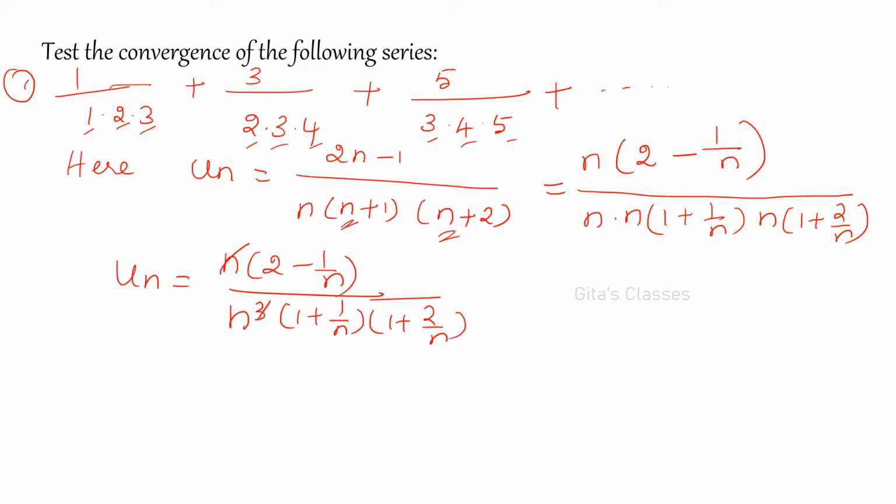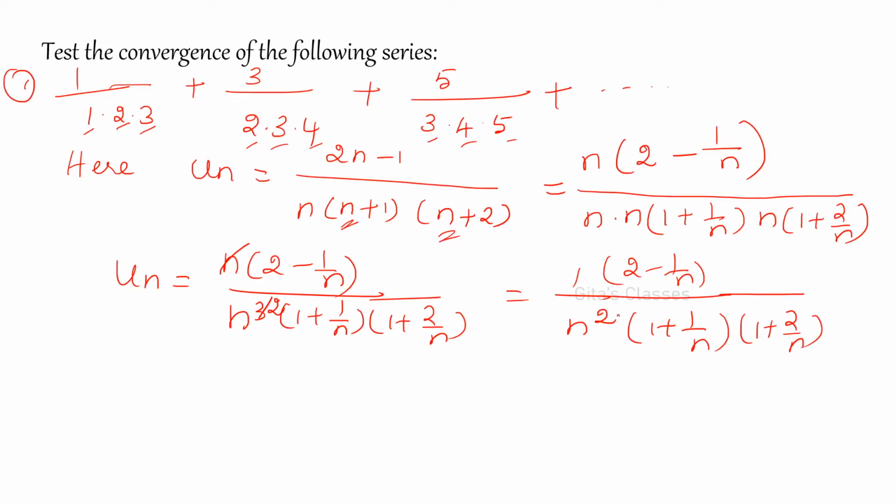So here n and n cube will get cancelled, and this will become 1 by n squared into, in the numerator, 2 minus 1 by n divided by 1 plus 1 by n into 1 plus 2 by n. Maximum power of n in the denominator. Now we are going to assume, let Vn be equal to 1 by n to the maximum power in the denominator, after simplifying this.